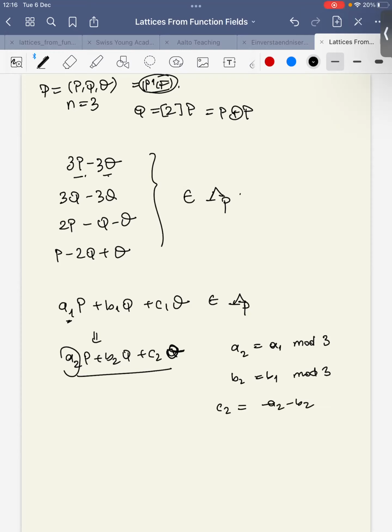And the shortest vector with respect to the L2 norm can be obtained when A2 equals B2 equals 1 and C2 equals -1. And when you look at its image under phi, and check the minimum distance, we can see that this minimum distance is square root of 6.